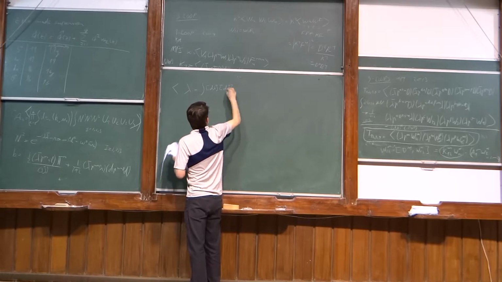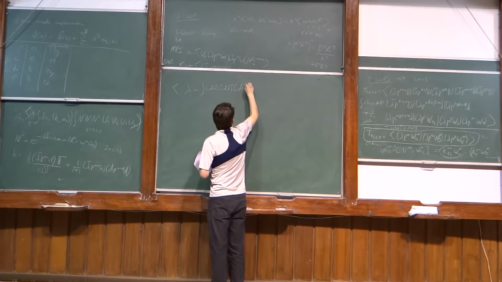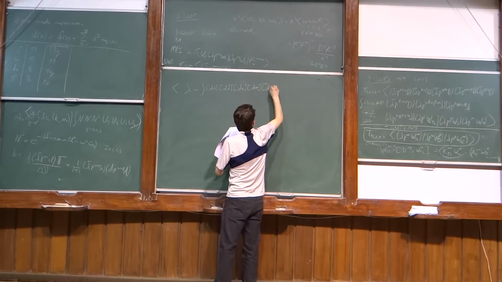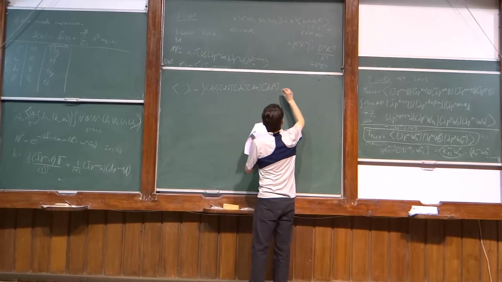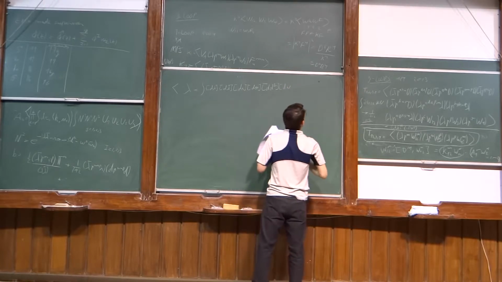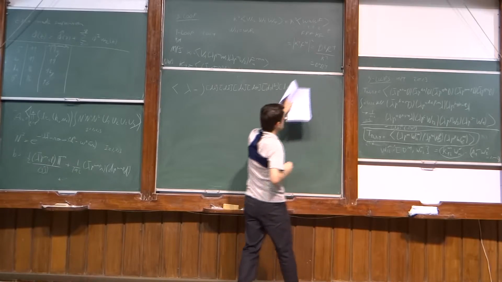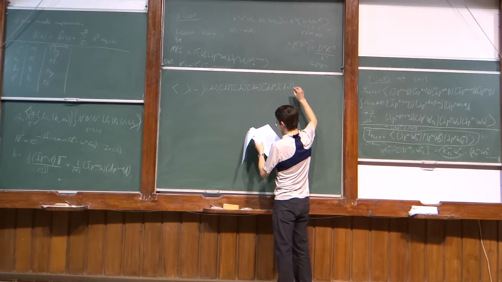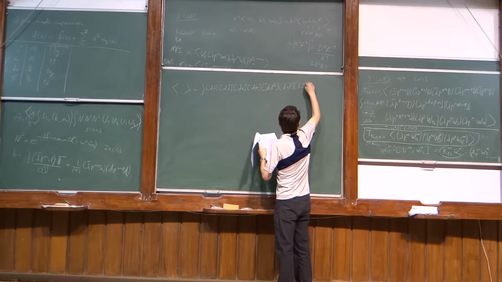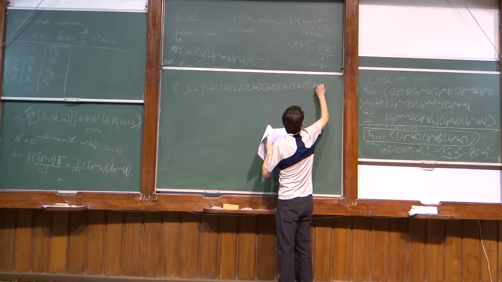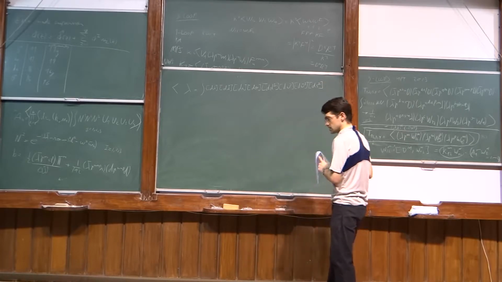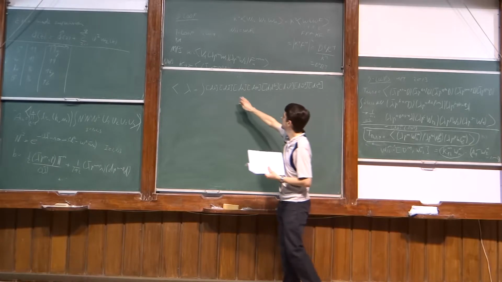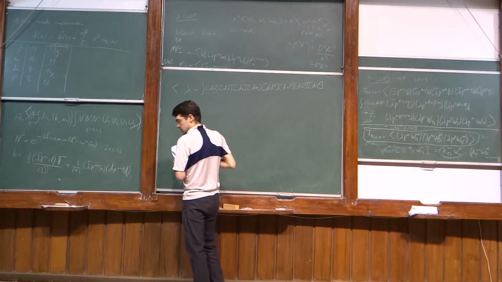The lambda bar, the filter, and then B, E, I. Okay, so these are all the variables that you need to integrate. They are the zero modes that you need to integrate.